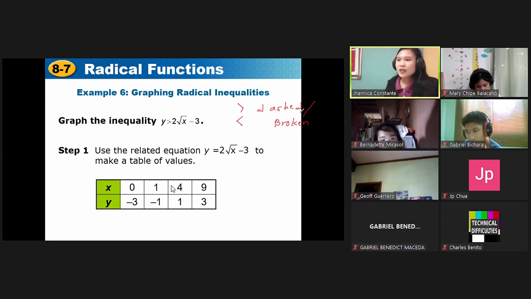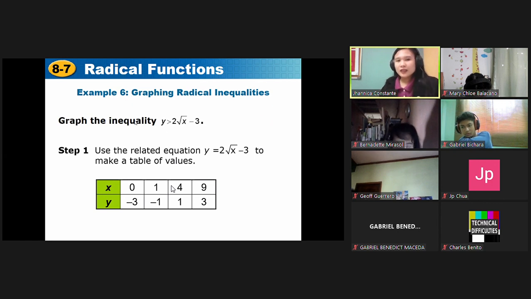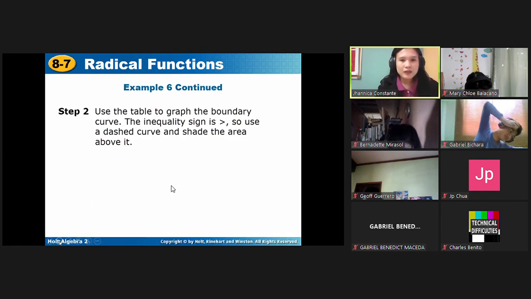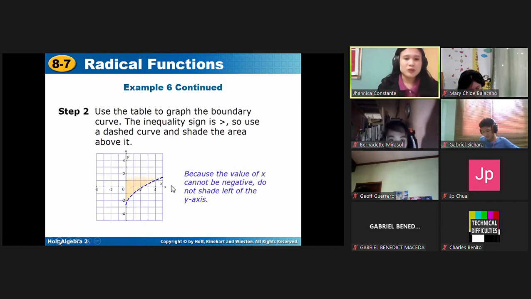If the sign of inequality is greater than or less than, you're going to use the broken line or the dashed line. For example, this radical inequality function, y greater than 2 square root of x minus 3. Once we graph, since we have already the value for our x and y, the graph of our radical function will look like this.